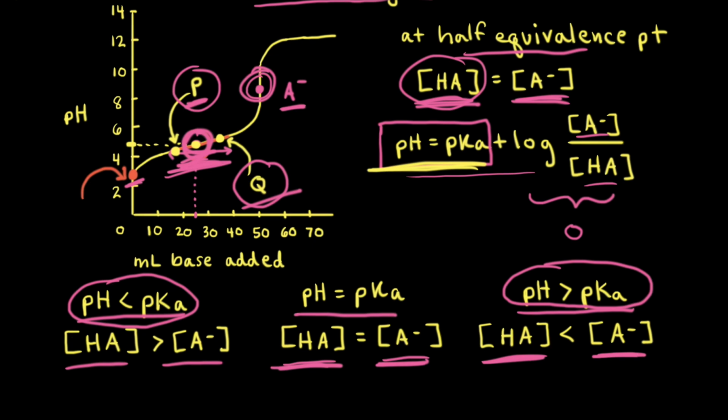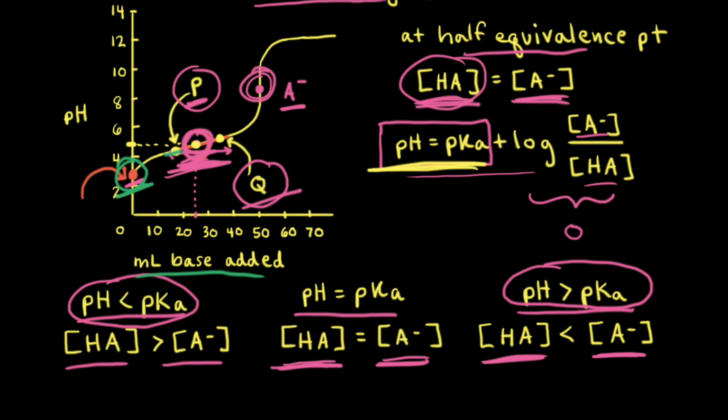Finally, let's talk about why a buffer forms on this titration curve. When we first start off, we have almost all weak acid, and therefore we do not have a buffer. However, as base is added to the solution, the weak acid is converted into its conjugate base. And when there are significant amounts of the weak acid and its conjugate base, we have a buffer solution.